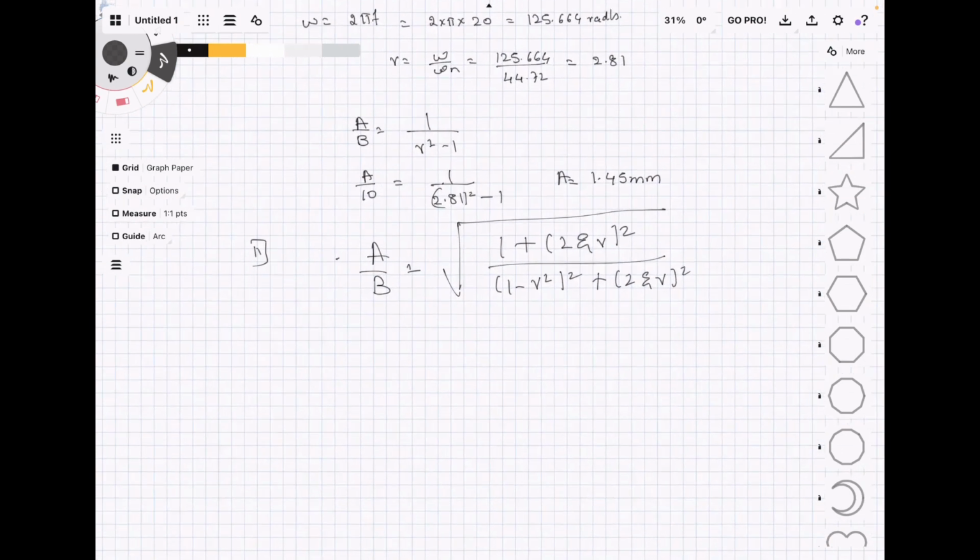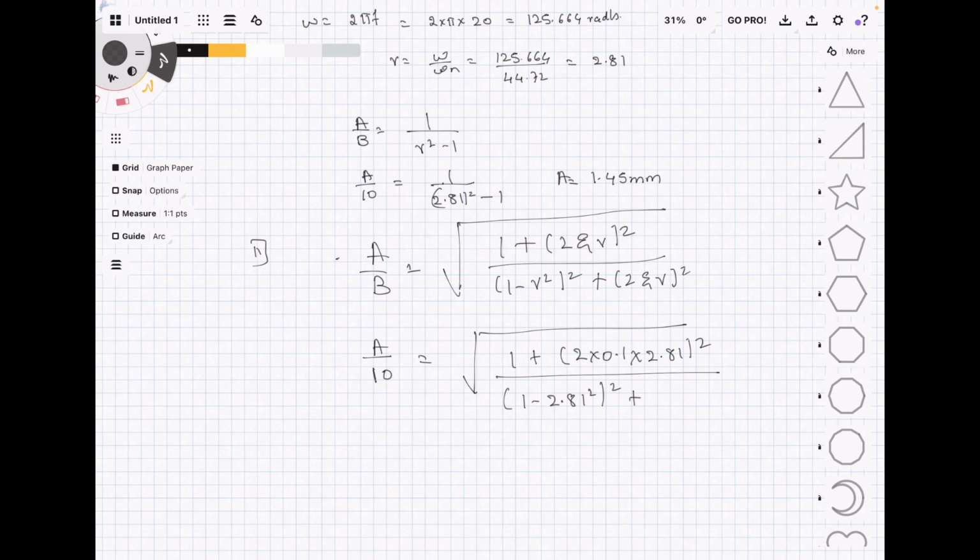So you already know that A is the amplitude we need to find out. 10 mm is being given here. So square root of 1 plus (2 into 0.1 into 2.81) the whole square divided by (1 minus 2.81 square) the whole square plus (2 into 0.1 into 2.81) the whole square.